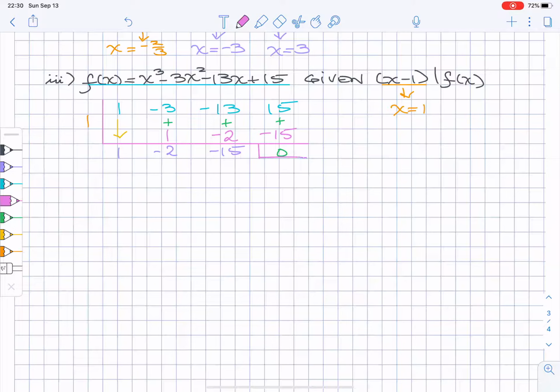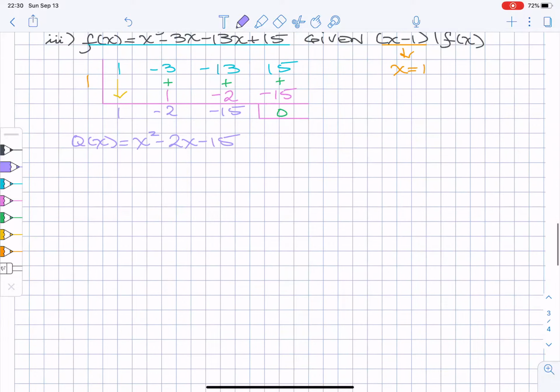So my quotient, q of x, will be 1 times x to the 1 power less than 3. So that's going to be x squared minus 2x minus 15. So I can factor f of x as the factor given, x minus 1, times the quotient, x squared minus 2x minus 15.